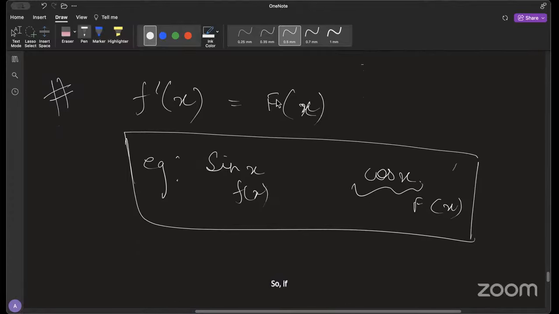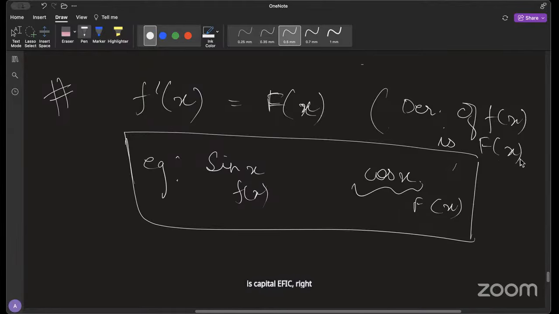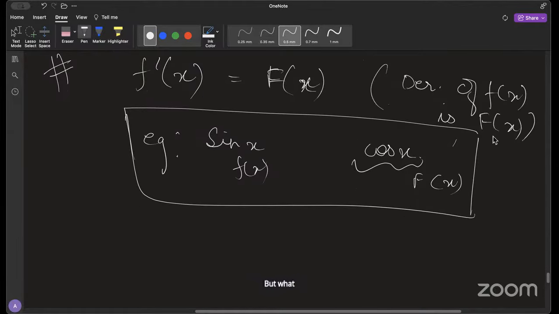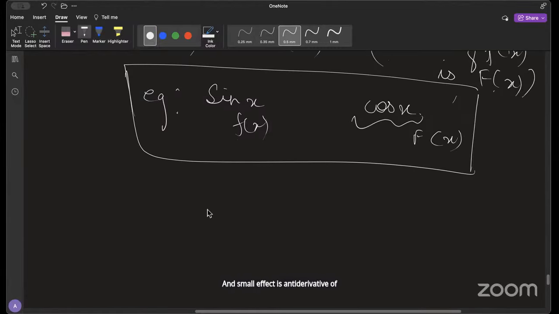So if your f dash x is capital F(x), we'll take the opposite of this. The derivative of small f(x) is capital F(x), right? So capital F(x) is the derivative of small f(x), and small f(x) is the antiderivative of capital F(x). So you can just say f(x) plus c.